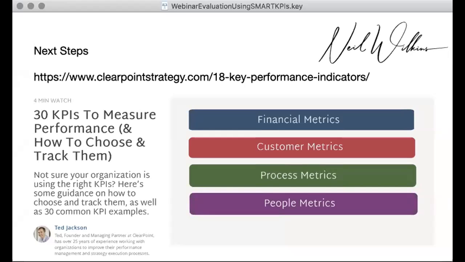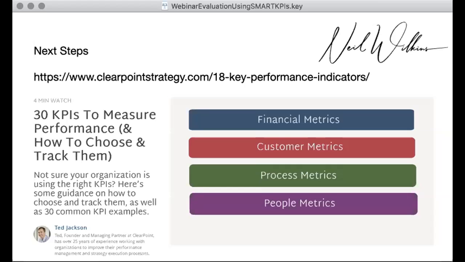And if you want to take this forward, I would suggest really swatting up on this and getting into some tutorials. I found a very neat tutorial on the clearpointstrategy.com website. It's the 18 key performance indicators tutorial, and they talk all about financial, customer, process, and people metrics, how to create KPIs to measure true performance, how to choose them, and how to track them.